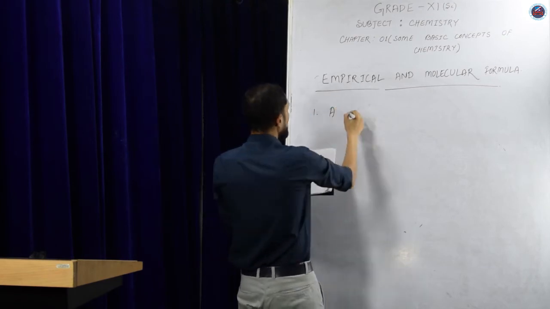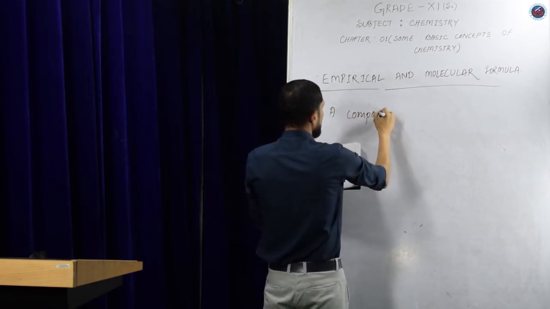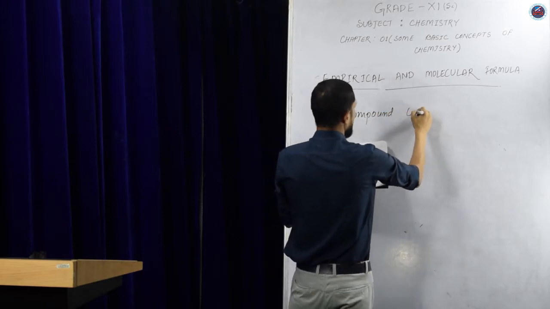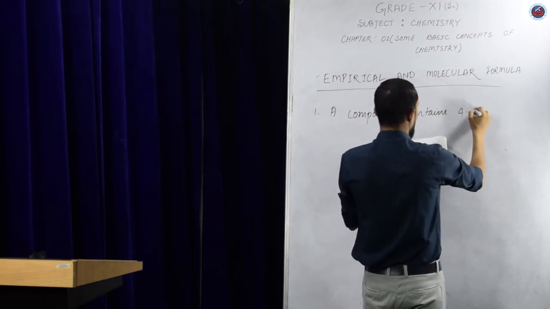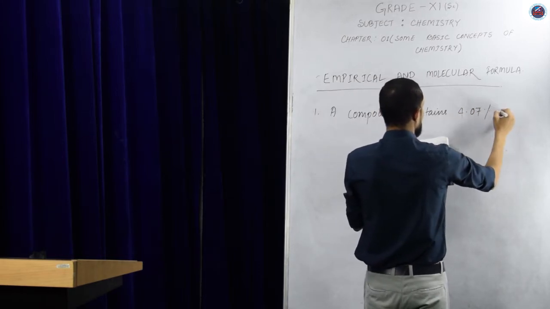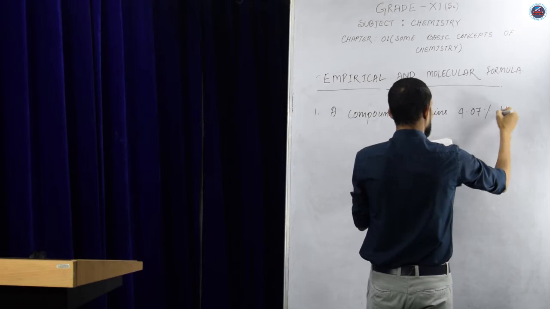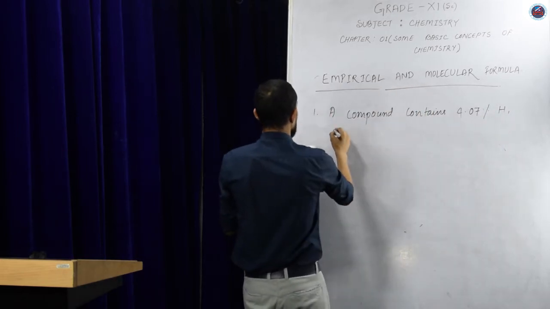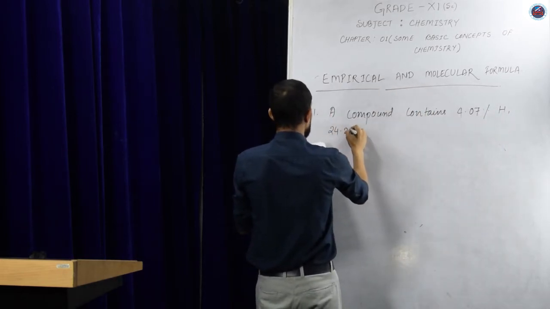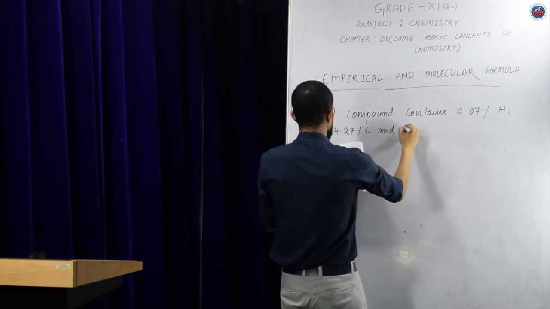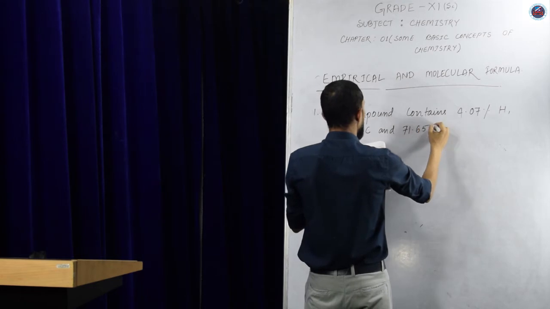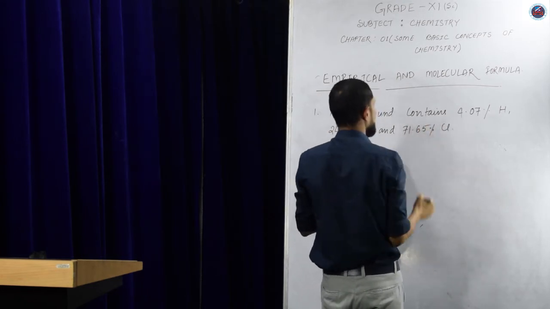So the problem is: a compound contains 4.07% hydrogen, 24.27% carbon, and 71.65% chlorine.